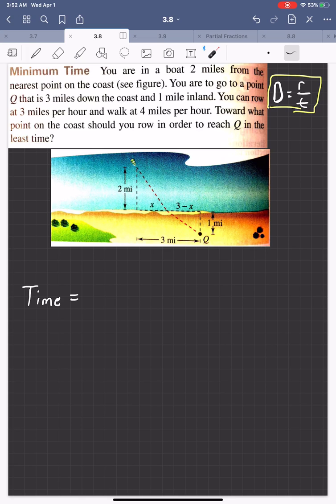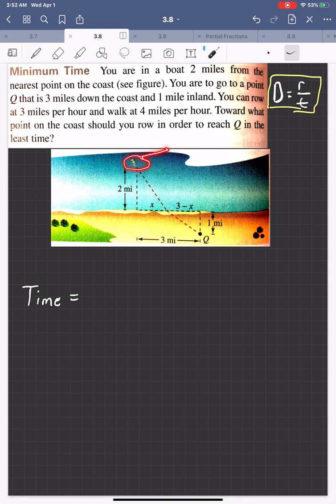Now, you're a thrill seeker, obviously, but you know that you can row your boat 3 miles per hour, and you figure that you can walk on average at 4 miles per hour. So the question is, you're here on this boat.